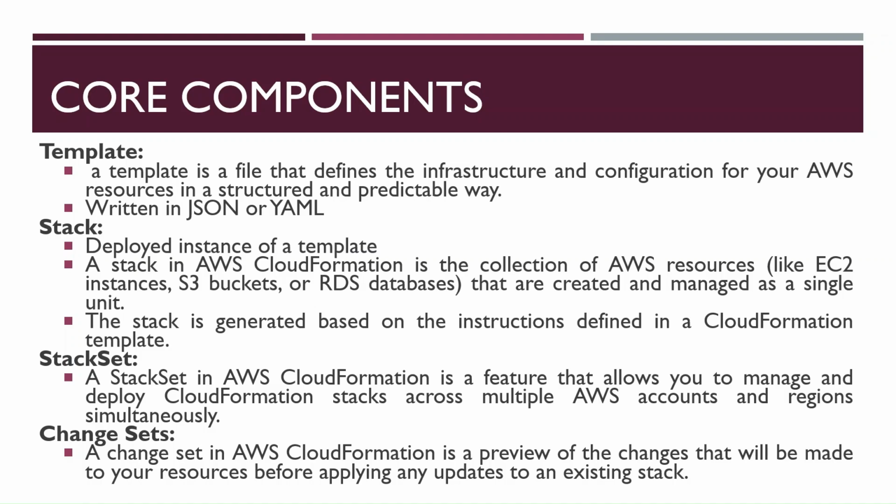A stack is what you get when you run the template. It's a deployed set of resources that CloudFormation creates based on the instructions in the template. So, for example, if your template says to create a server and a database, the stack is the server and the database created in AWS.